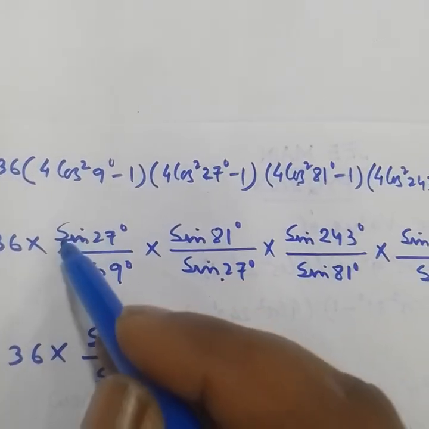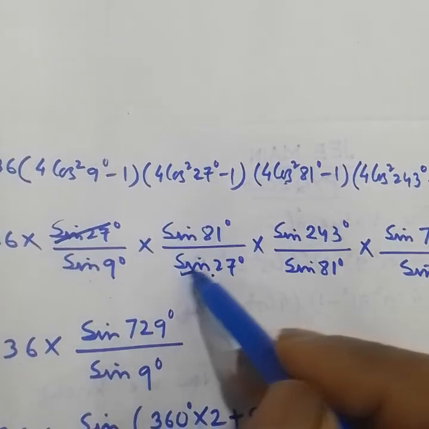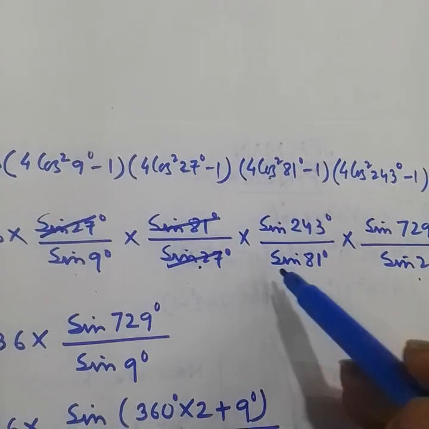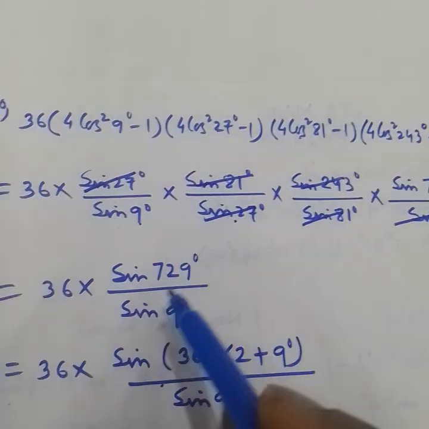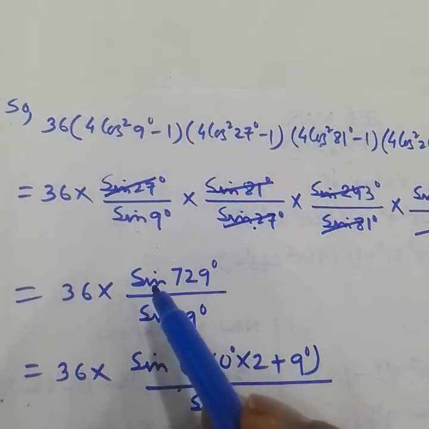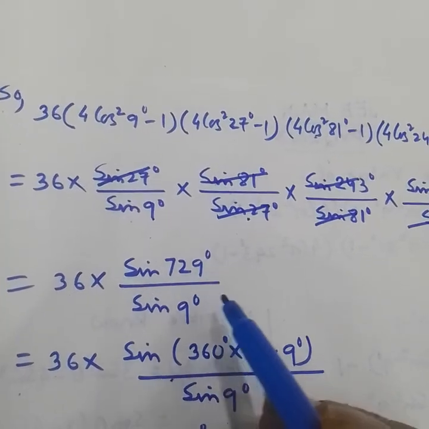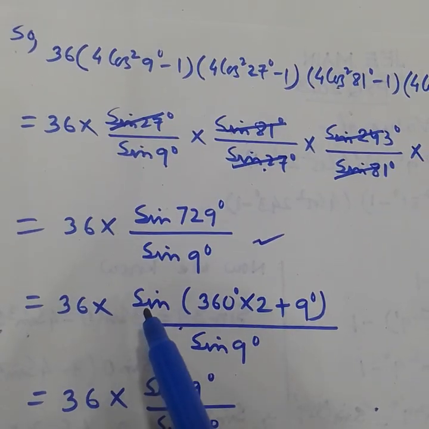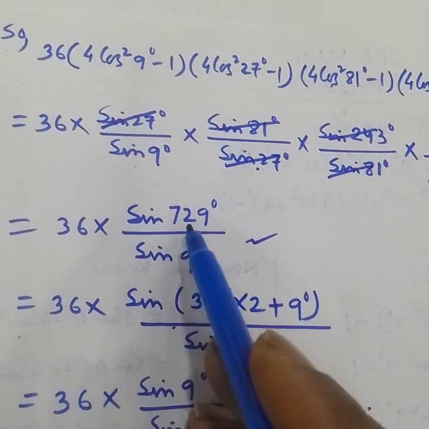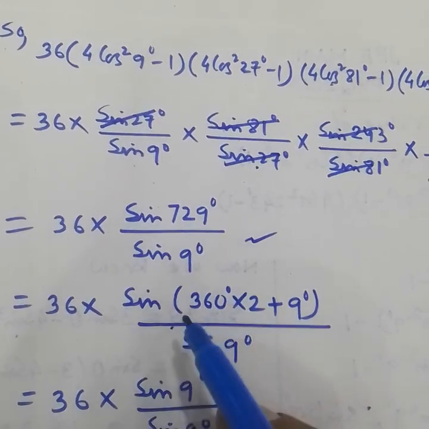Now we clearly see this cancels out, this also cancels out, this also cancels out, remaining the term 36 into sin 729 degree by sin 9 degree.